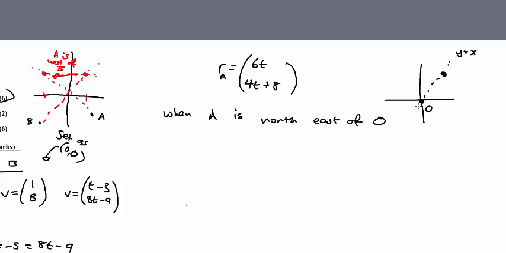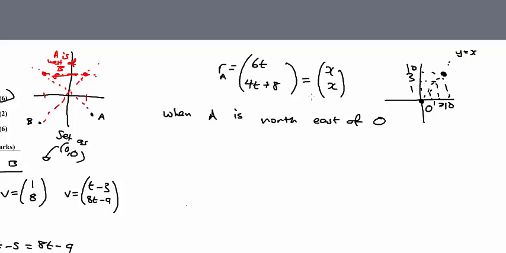But here's the thing. To be northeast, it could only be at 1, 1. It could be at 2, 2. Do you get my point? It could be at 10, 10. That's how you get northeast of something. So what you say is you want it when the i's and j's of the position vectors are the same. That's how you get northeast.